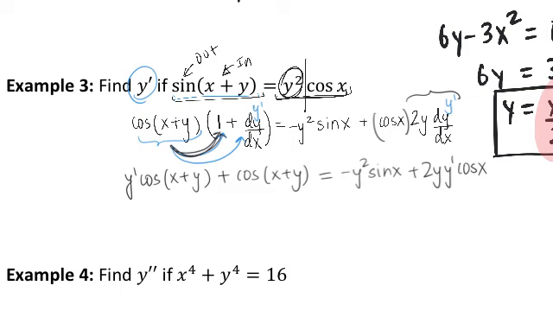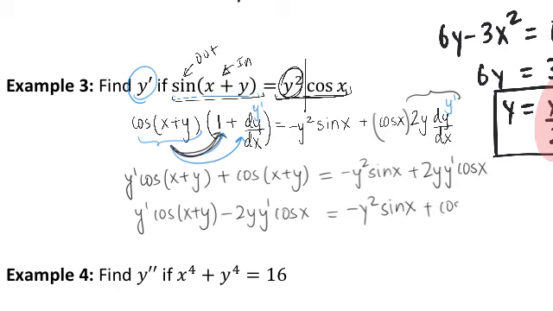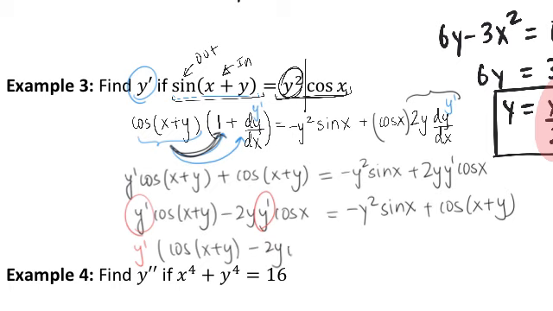Okay, so then on the left, I'll put y prime cosine x plus y minus 2y y prime cosine x, and on the right, I'll put everything else, minus y squared sine x plus cosine x plus y. Now factor out this y prime right here, and I get y prime times cosine of x plus y minus 2y cosine x is equal to minus y squared sine x plus cosine of x plus y.